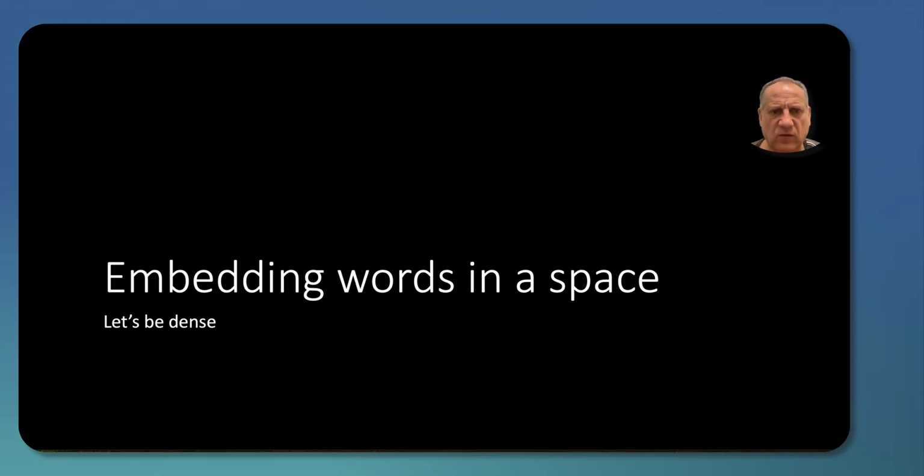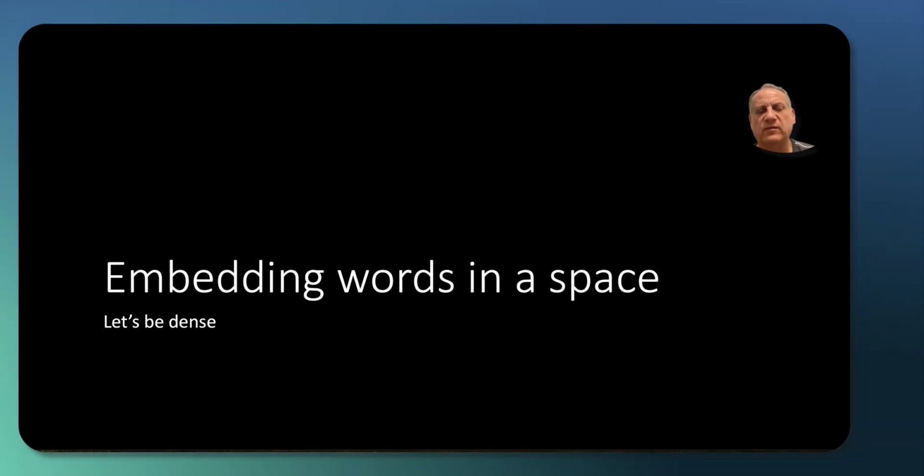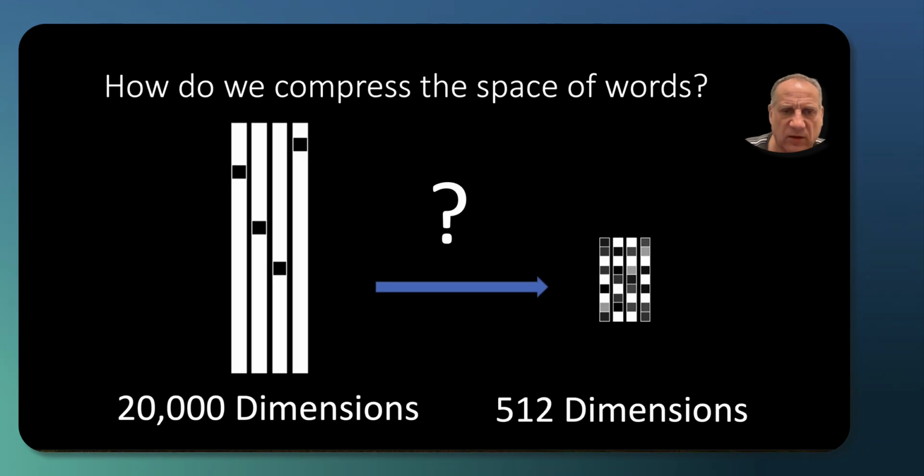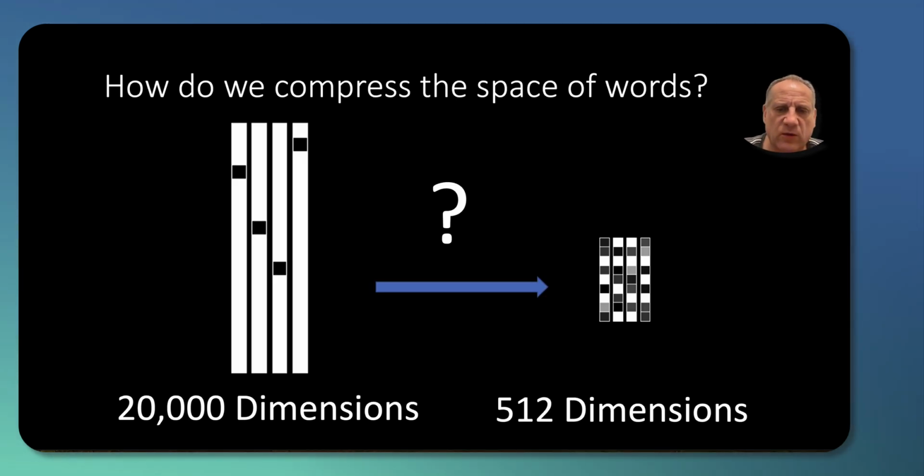So this brings us to a notion of embeddings. We want to encode our words in a way so that the semantic meaning is somehow captured, rather than just being a number in a dictionary. So how do we do this?